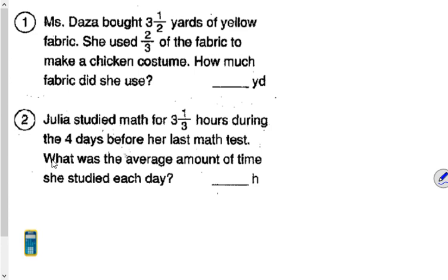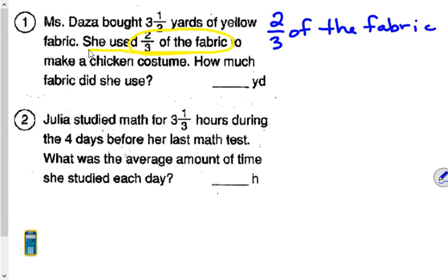All right, so looking at this, the question says, how much fabric did she use? And in the problem it says, she used 2/3 of the fabric. But when we say it's 2/3 of the fabric, that's what we need to find. 2/3 of the fabric.